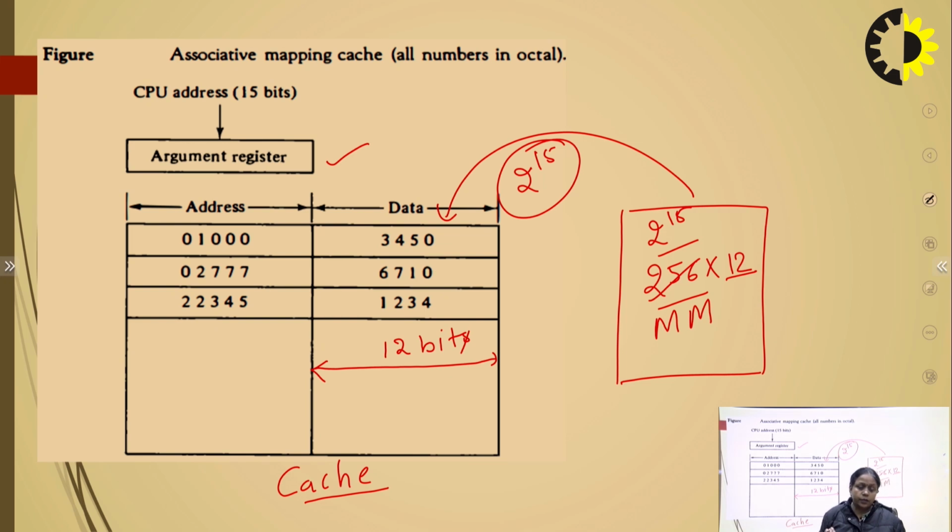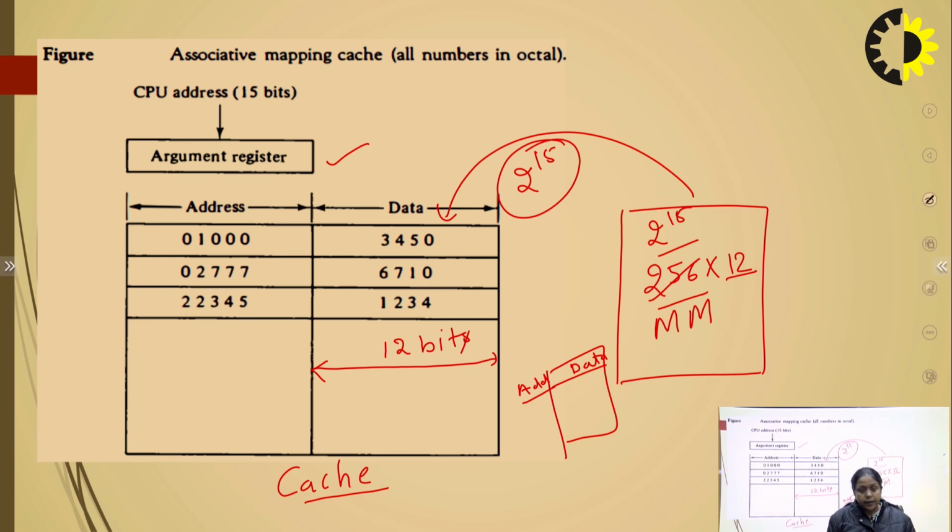Both things we will store in the cache memory. For example, this is a memory, and there we have data here, and here we have the address in the main memory. So data and the address both will be stored in the cache memory.